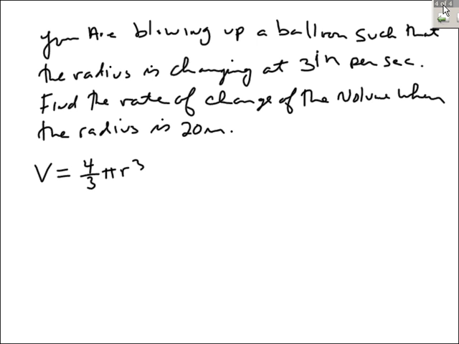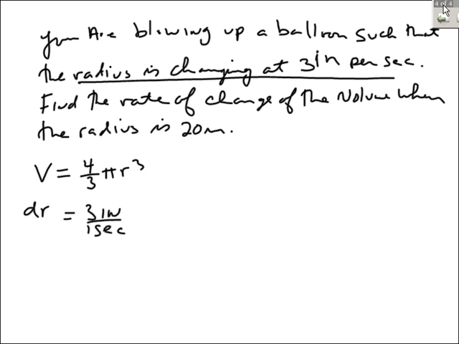You're blowing up a balloon so that the radius is changing 3 feet per second, 3 inches per second, I meant to say. What's changing 3 inches? The radius, dr. The denominator, 1 second, is the change in time.